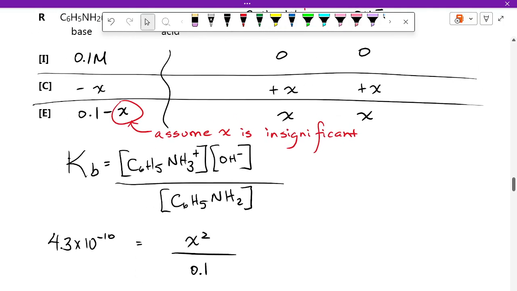Well, would you like to solve a quadratic equation? Then make that assumption.